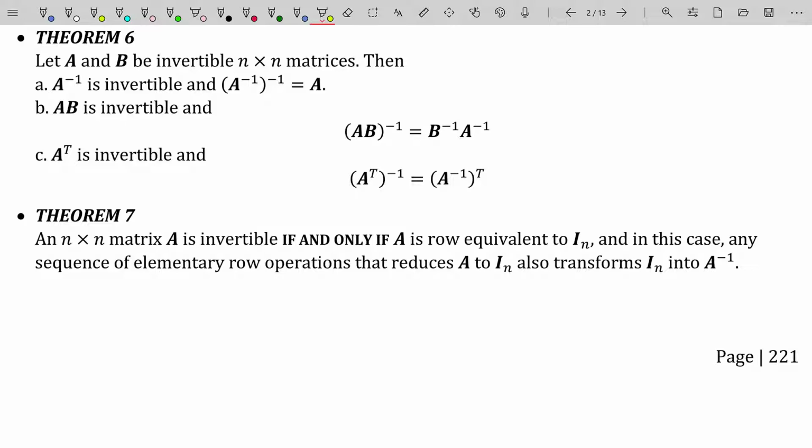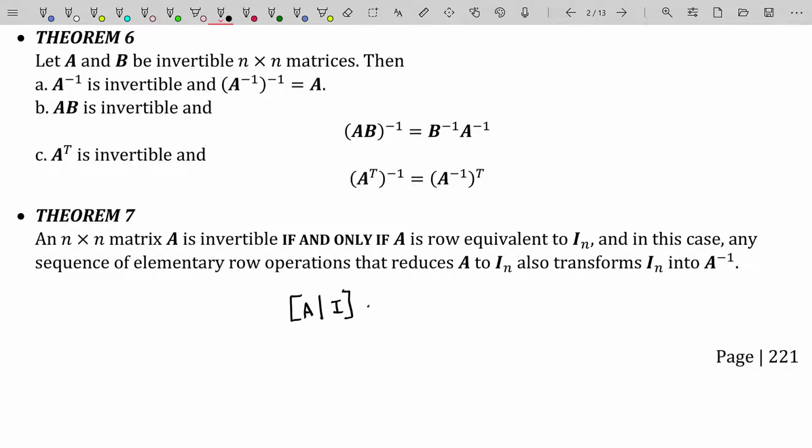That is super important because it allows us to find the inverse using elementary matrices and multiplying those against our matrix, or how we normally do it is via row operations on a system augmented with the identity matrix. Like this right here.